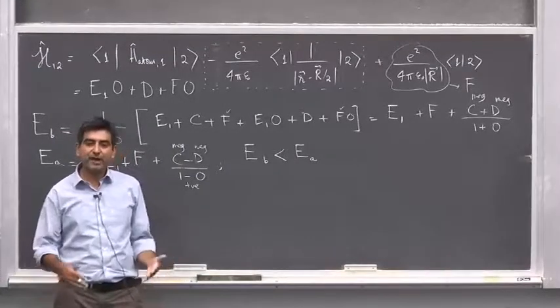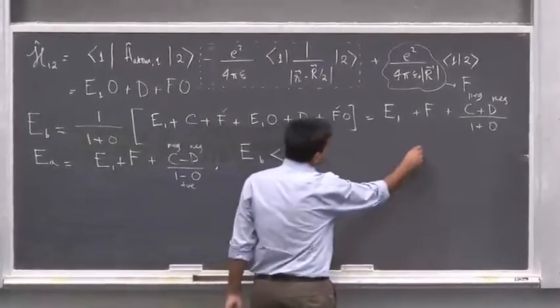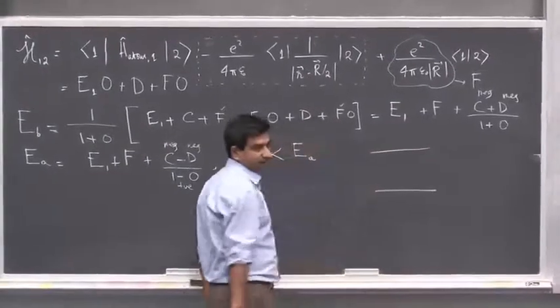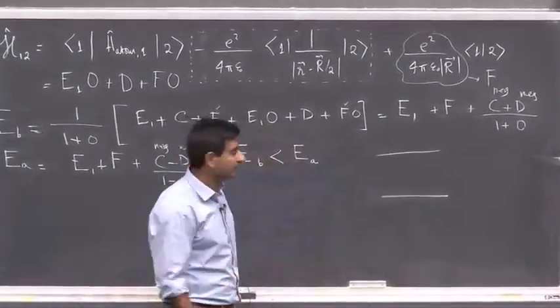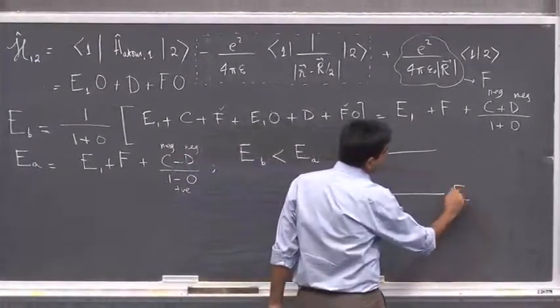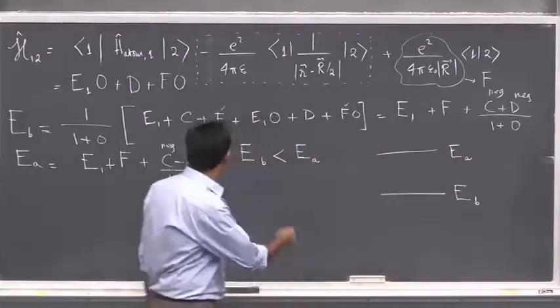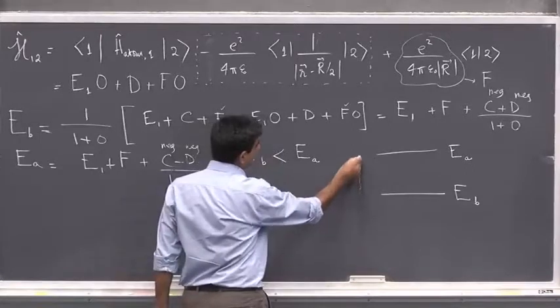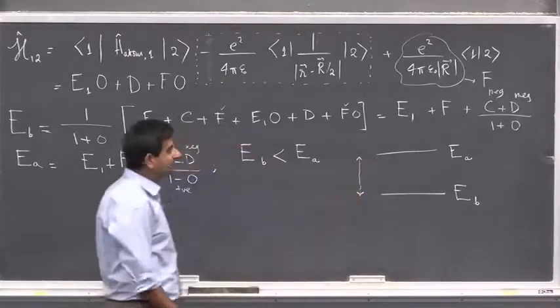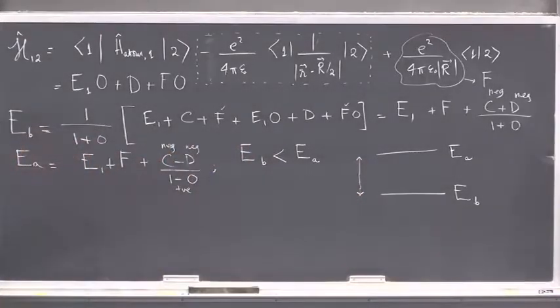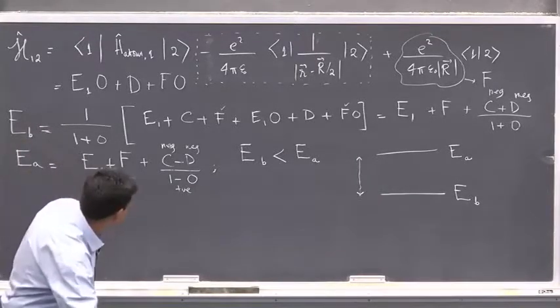So what you really have is a separation between the bonding molecular state and the anti-bonding molecular state. You can quickly find out what this difference is going to be. It's just going to be the difference of these terms. O is a positive term, but it is also less than 1.